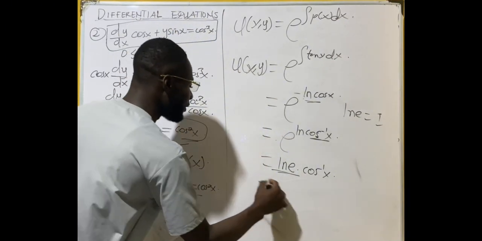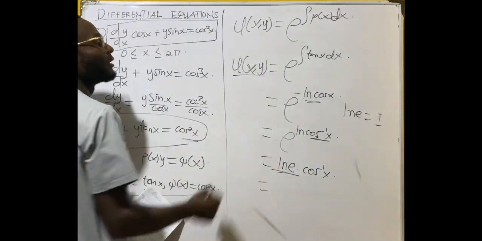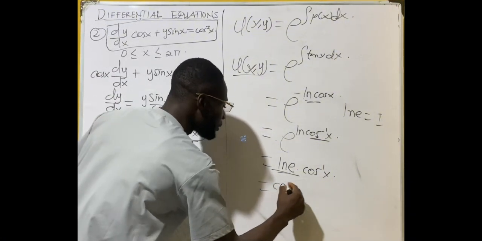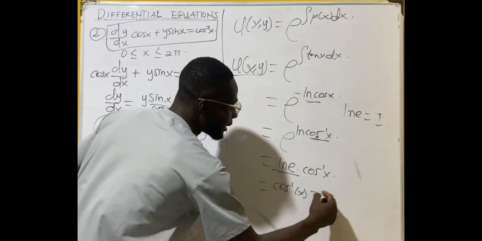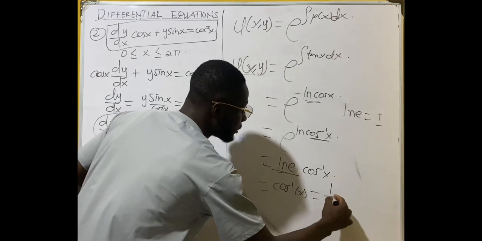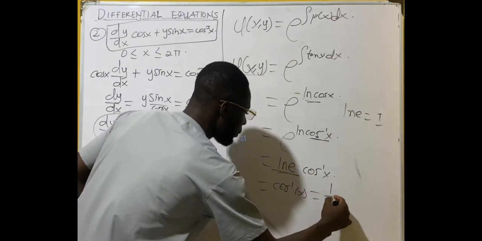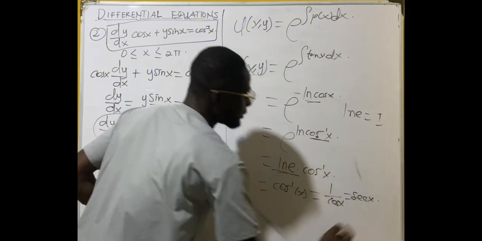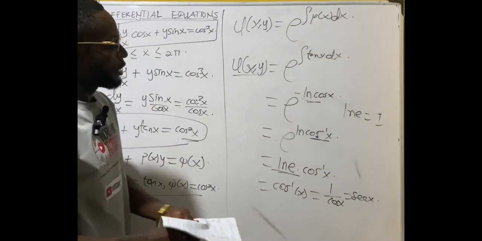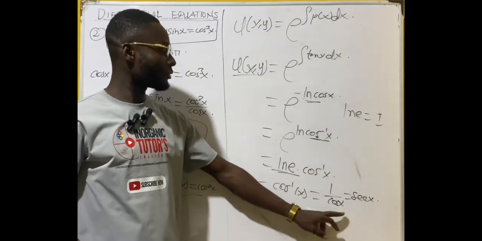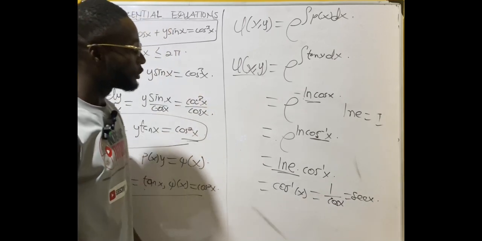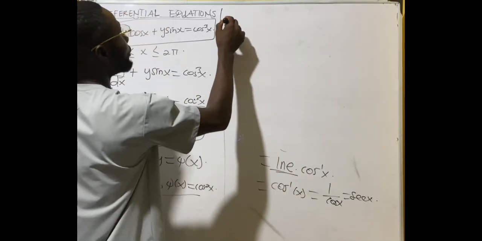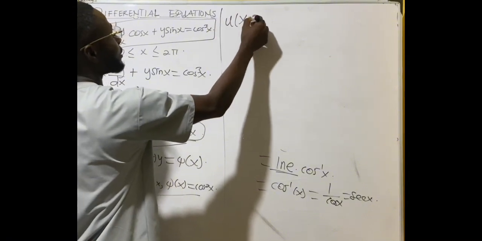So we're going to have our final integrating factor to be cos inverse of x, and that is equal to 1 over cos, and that is sec x, right? You know that 1 over cos is sec x.